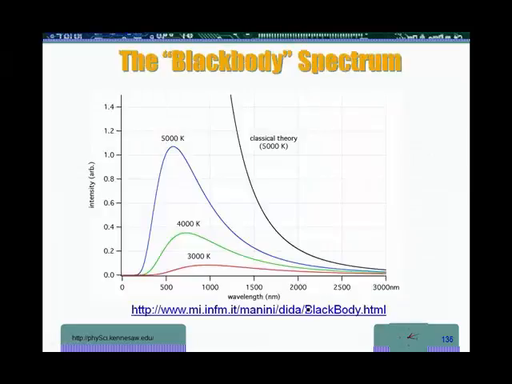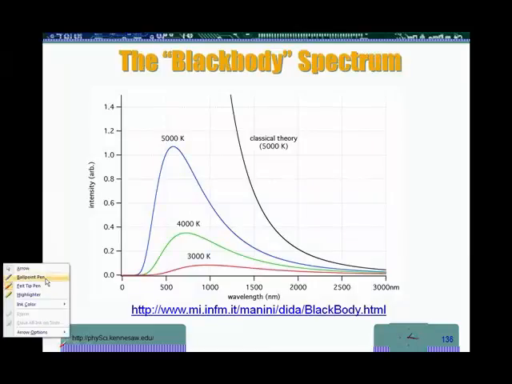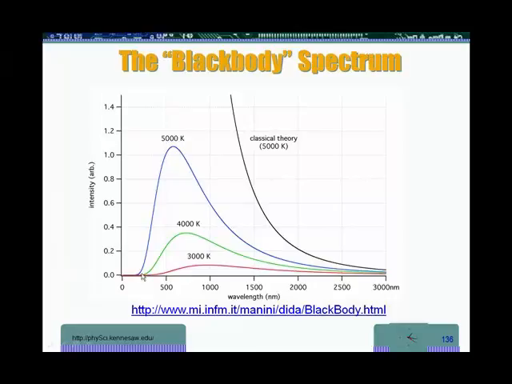Now, a curve that shows the wavelengths of light emitted as a function of temperature, and the intensity of the light emitted, is shown here. For example, something at 500 degrees Kelvin is going to emit according to this blue curve here.